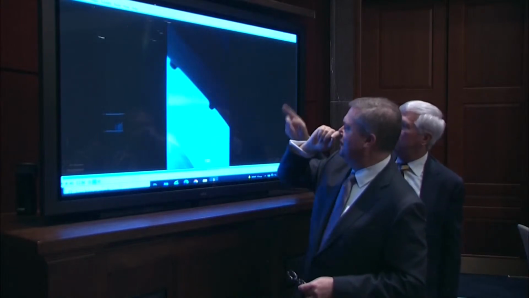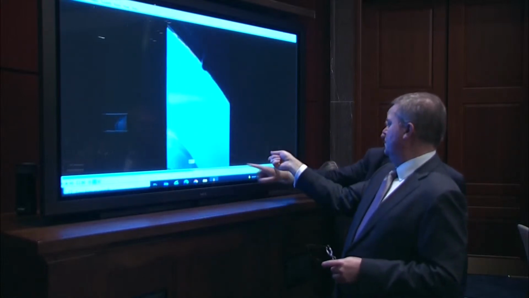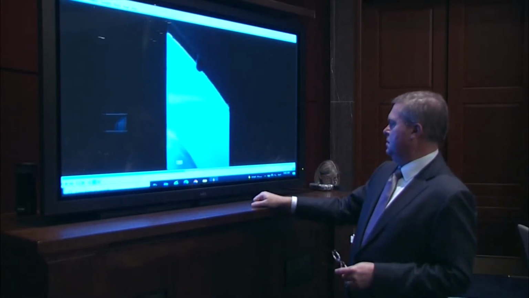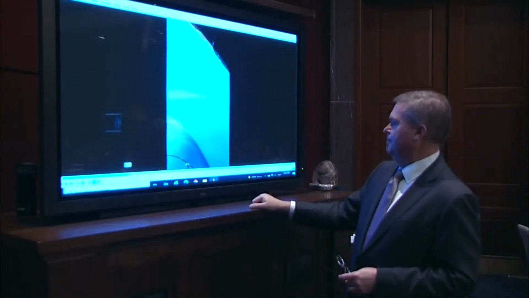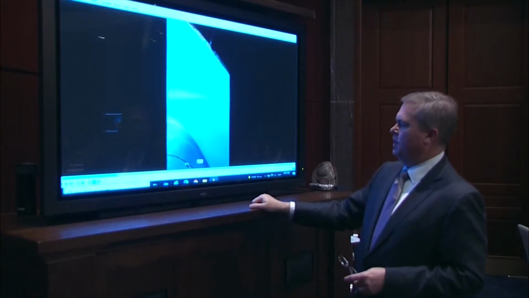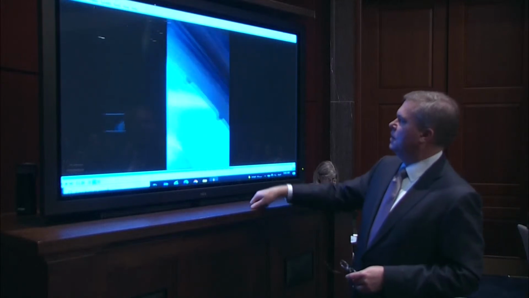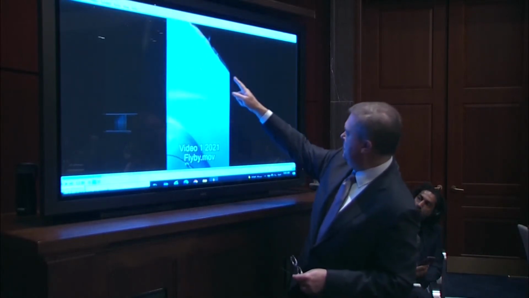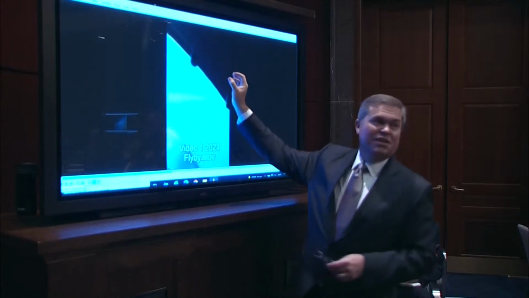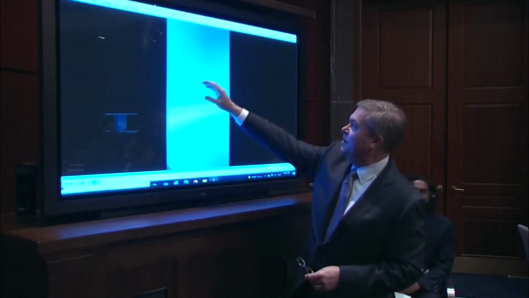No, it's not the one. Spherical object right here, zooms by the window, right in this area.